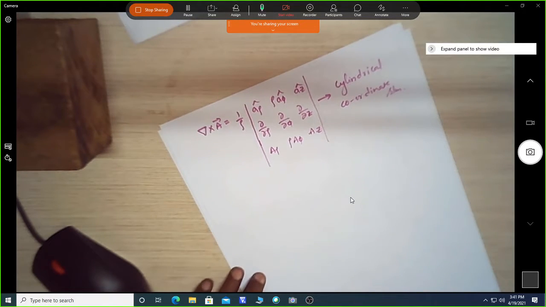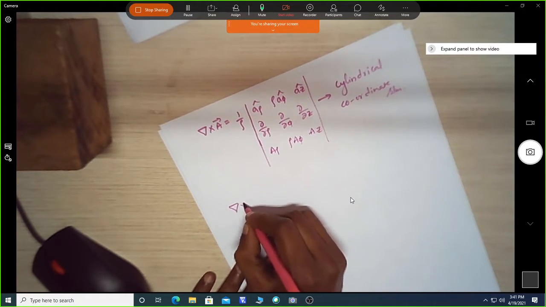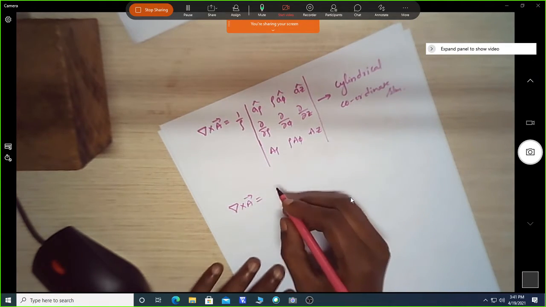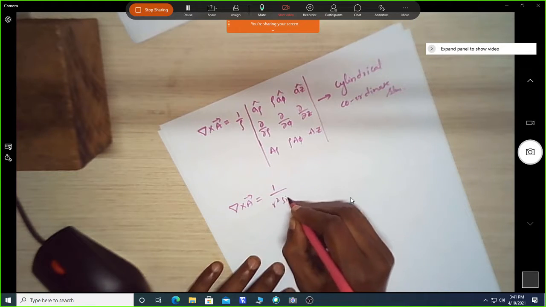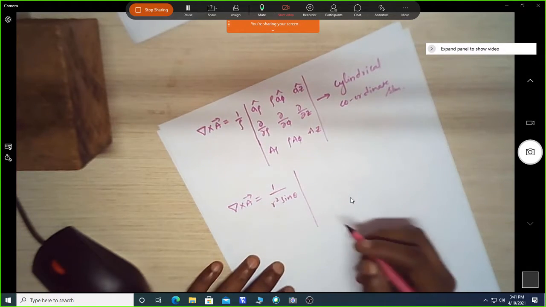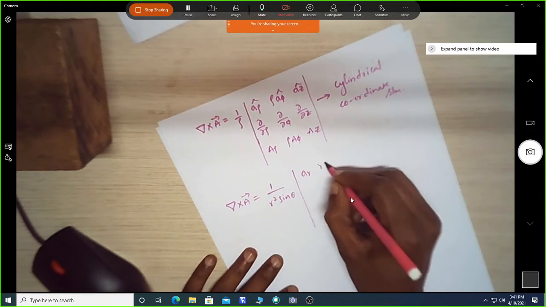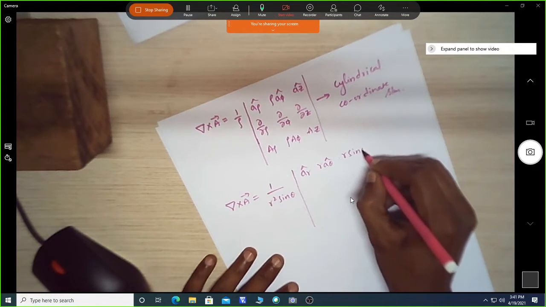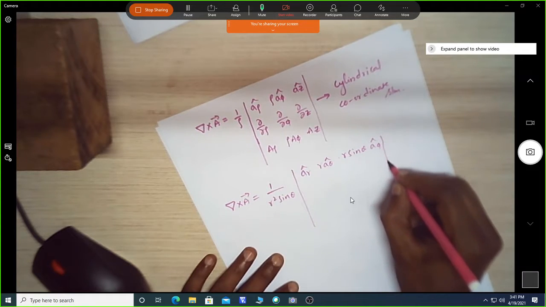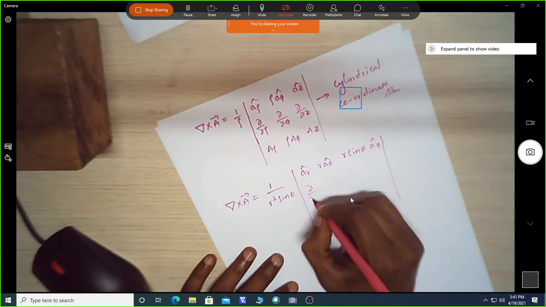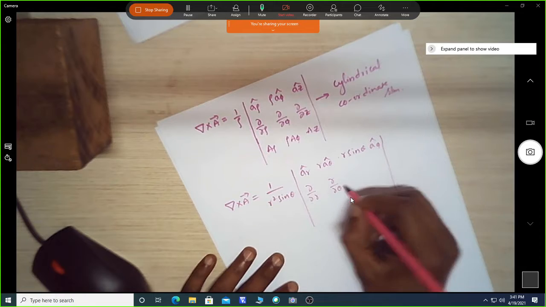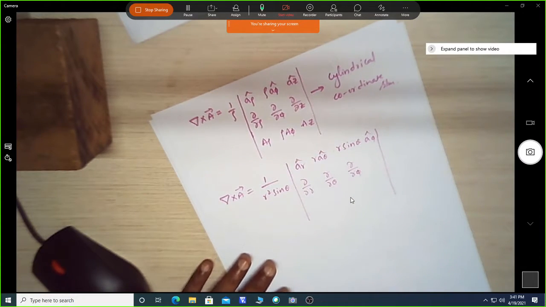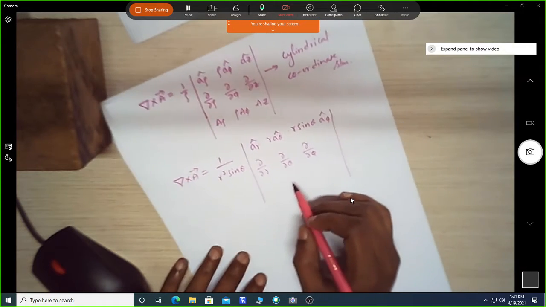Now similarly for spherical, we can write del cross A equal to 1 over r squared sin theta into the determinant with a r, r into a theta, r sin theta into a phi; then del by del r, del by del theta and del by del phi.